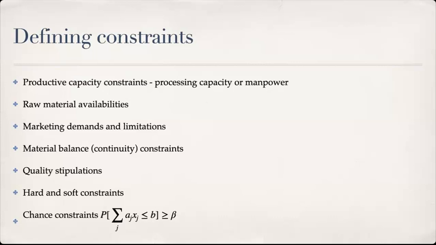Or your reactor can operate at maximum 100 kilomole per day, something like that. And it poses the constraint of the system.